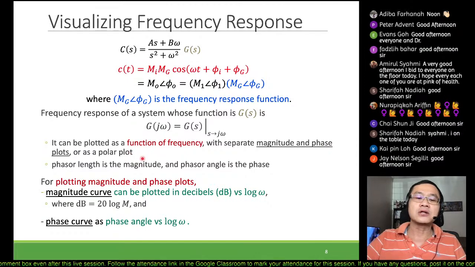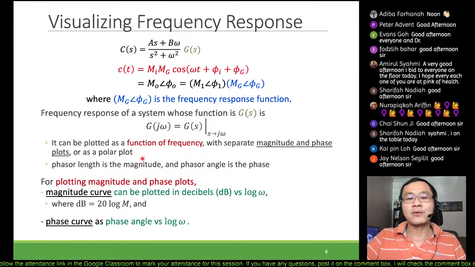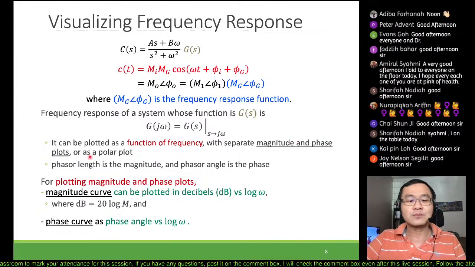So we will not deal with the polar plot. We will mainly look into the magnitude and the phase plot.